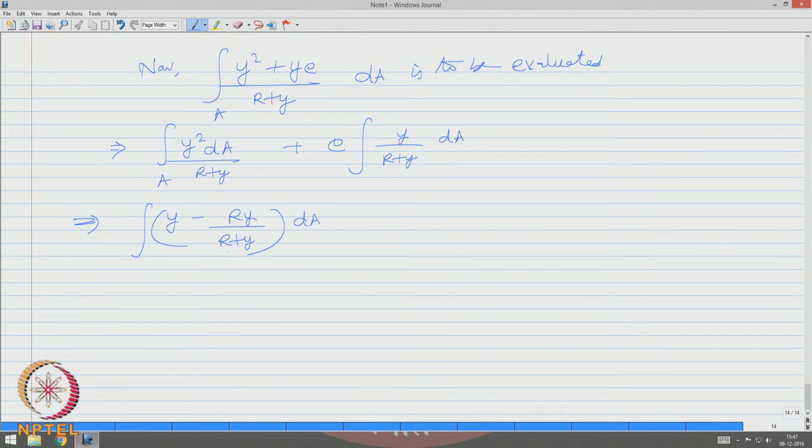You multiply, this becomes r y minus r y cancels, y squared. So, that is what you get here, plus e integral of y by (r plus y) dA for the entire area.